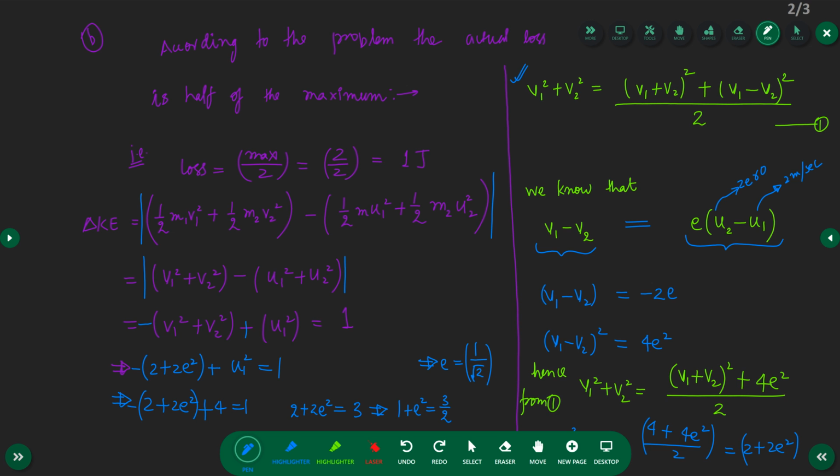You understood, Ojas? So you might have made a mistake at that point. You might have taken it the same way, like final minus initial. Here we have to take initial minus final because kinetic energy is decreasing this time, right? Any problem?